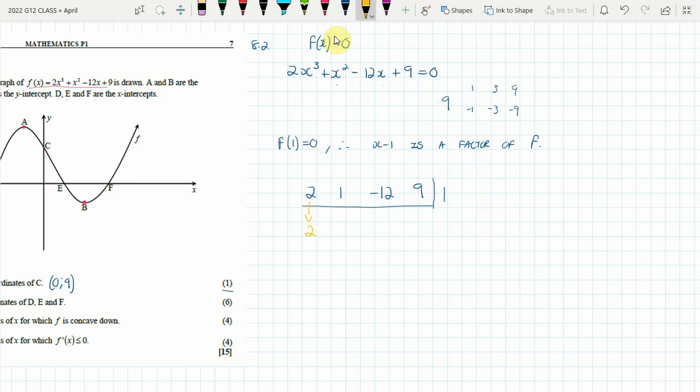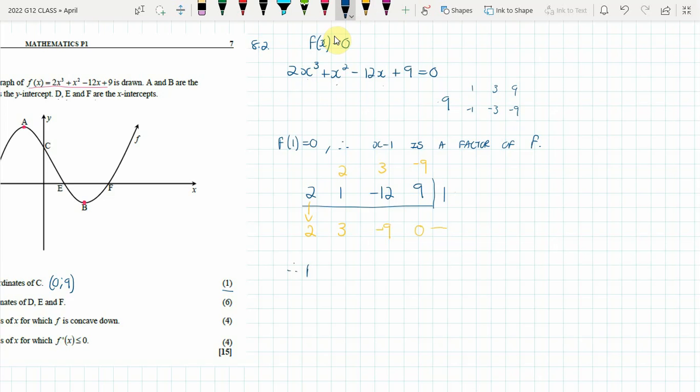Then you add, it's going to be 3. Then 3 times 1 gives us 3. When we add these, what do we get? Minus 9. Then minus 9 times 1 is just minus 9. Then when we add these, we get a 0. It makes sense because x minus 1 is a factor.